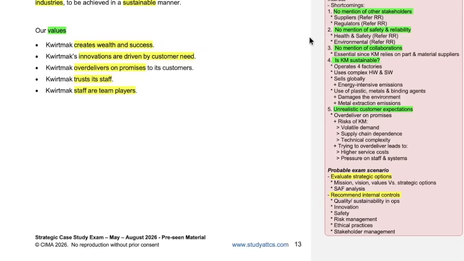And also, there is no mention of safety and reliability, because we have to ensure health and safety, or uphold health and safety, when it comes to conducting our manufacturing operations. And at the same time, when it comes to our customers utilizing these 3D printers which we manufacture. So we have to ensure health and safety within our own company as well as within customers' premises.